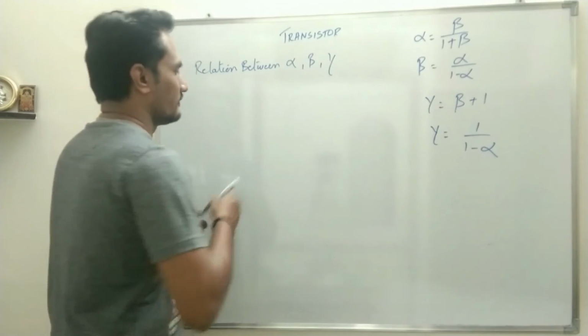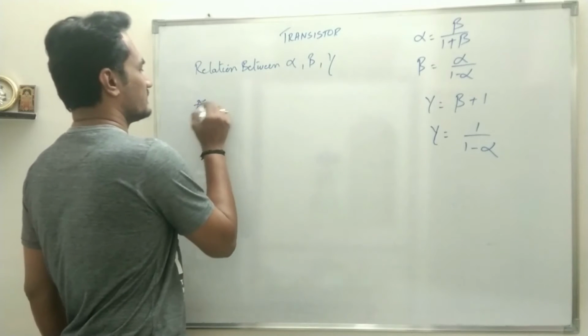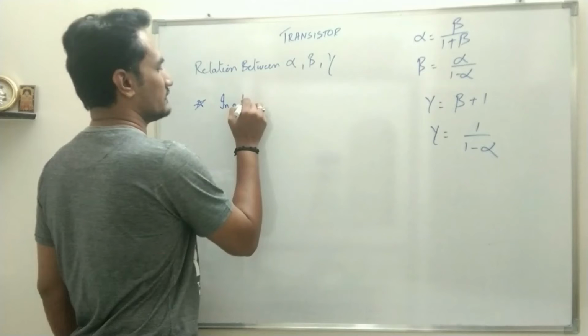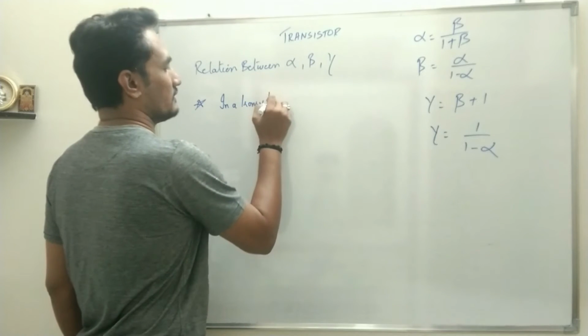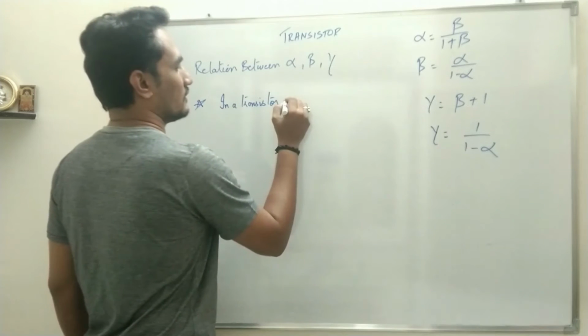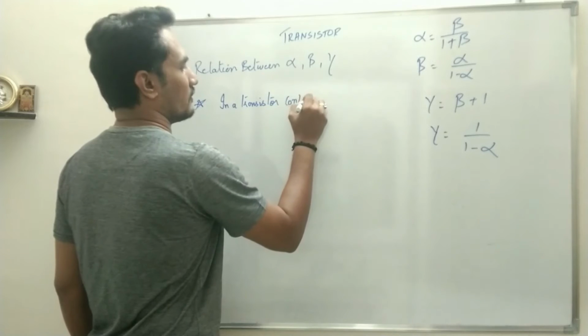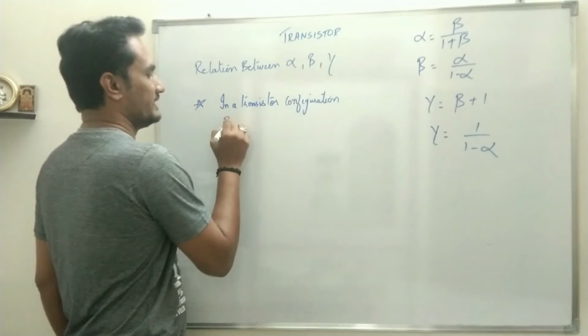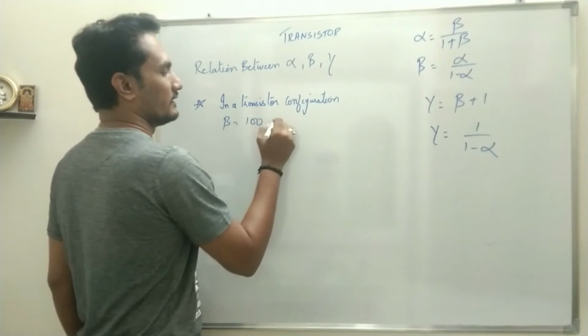Okay, for example, the first one is, say, in a transistor configuration, beta is 100.